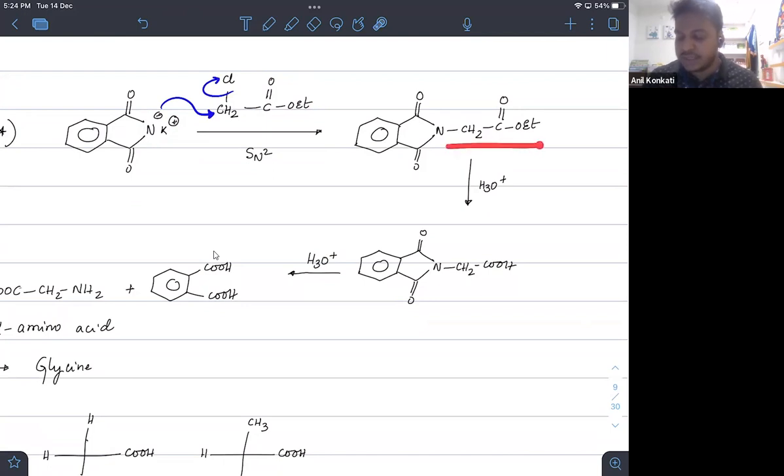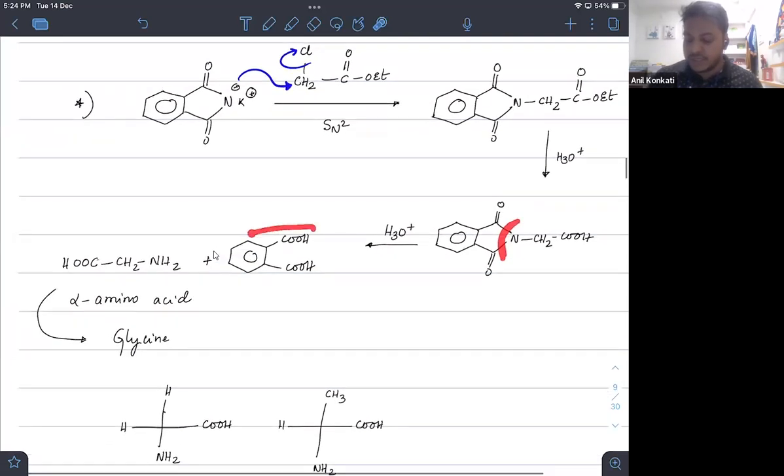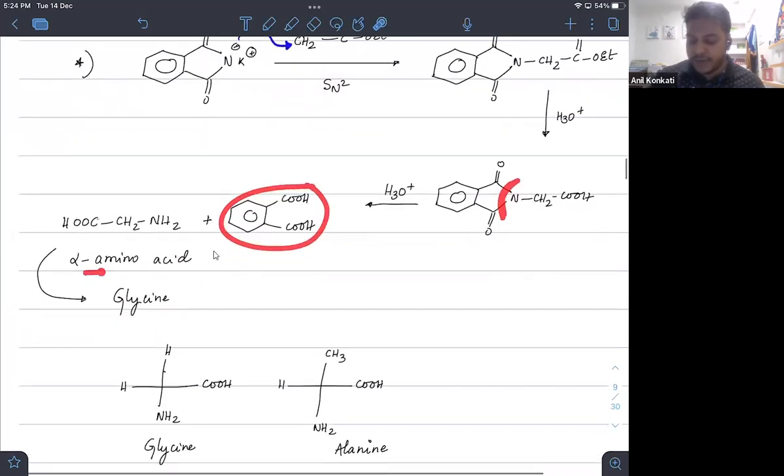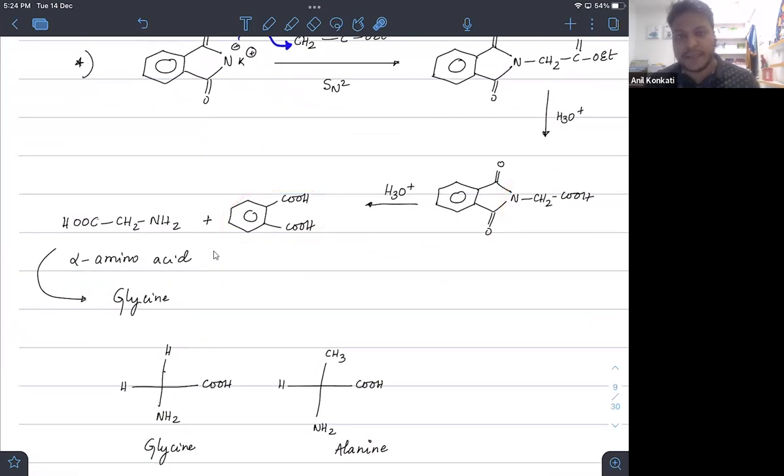So we'll get this alkyl part substituted, but this alkyl already has an ester form. और इसको आप hydrolyze करोगे, so this part will undergo hydrolysis to give acid, and again on hydrolysis, this part will also undergo hydrolysis. So we'll get phthalic acid and alpha amino acid. Okay, and this is the method for preparing glycine. So glycine is the alpha amino acid, correct? So the first alpha amino acid, in fact. So that is the glycine form.